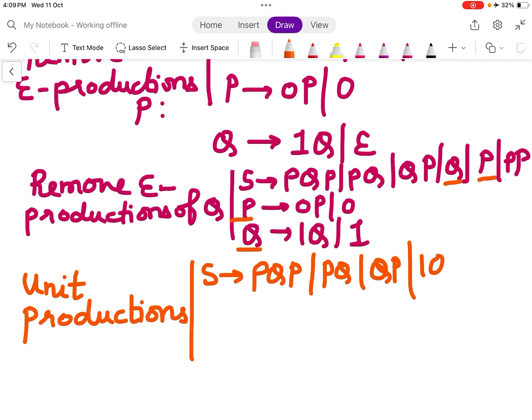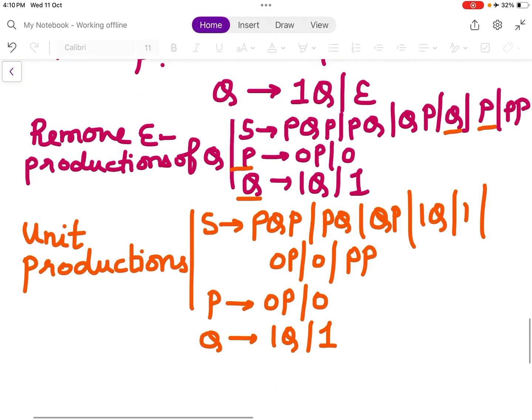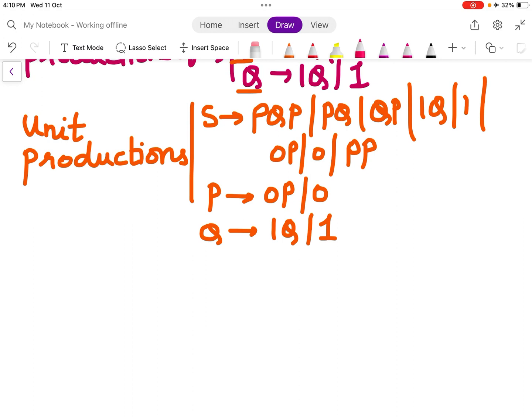Q replaced with 1Q slash 1. P replaced with 0P slash 0. And PP is written as it is. P is 0P slash 0. Q is 1Q slash 1. There are no useless symbols, so we will not remove anything. Then we'll go to step number 2.